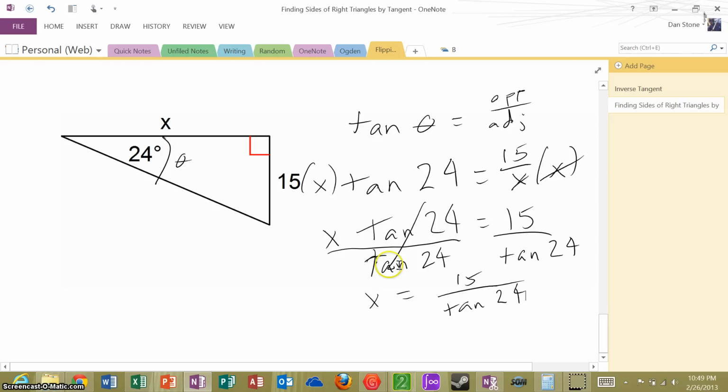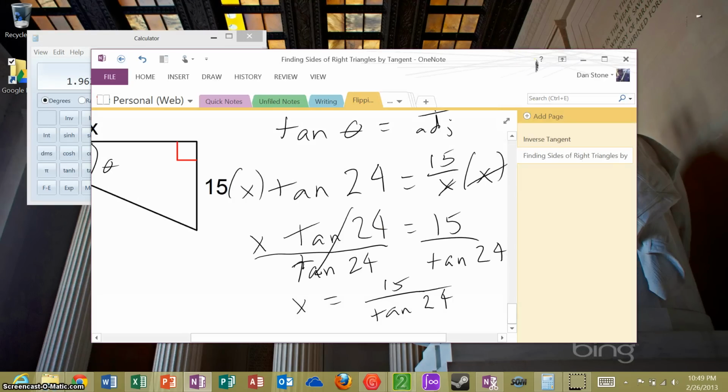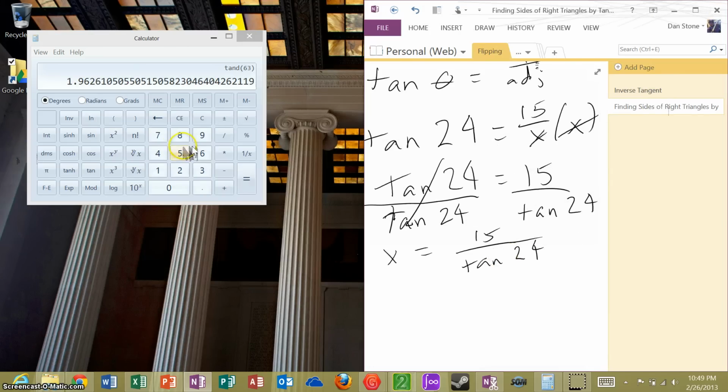Now, this is mighty nice to put into our calculator. 15 divided by the tangent of 24. So I'm going to do 15, let's see, 24, the tangent of 24, that's about 0.45.